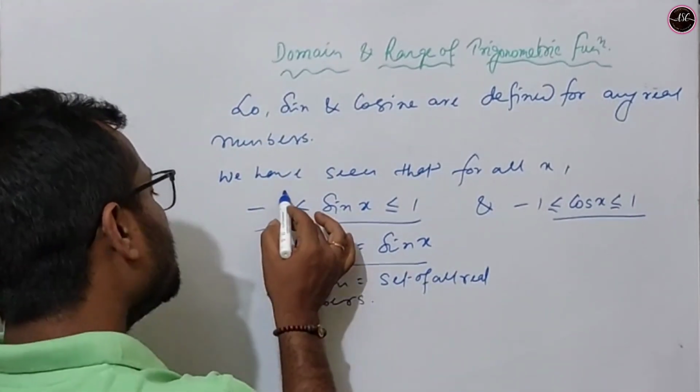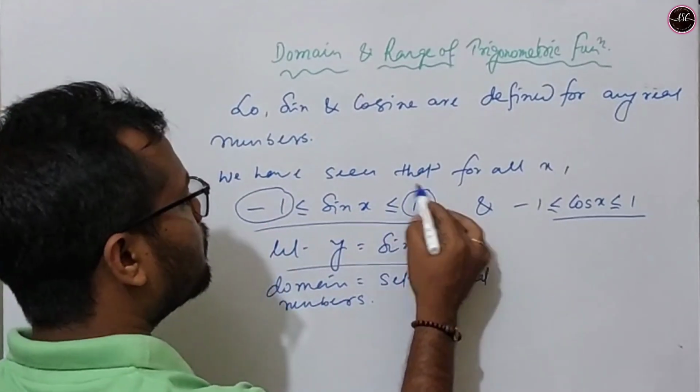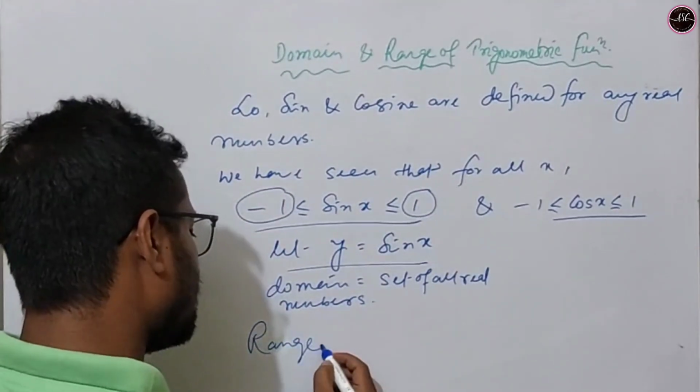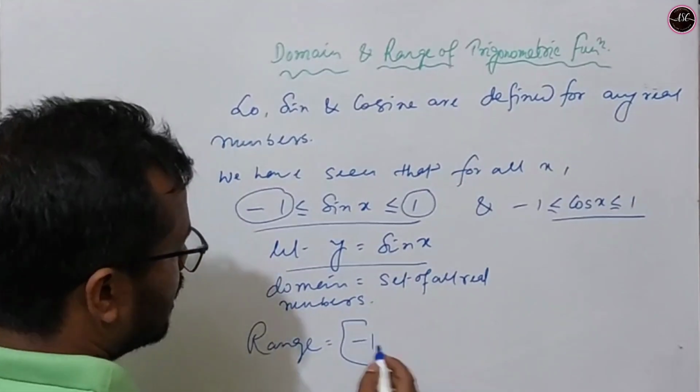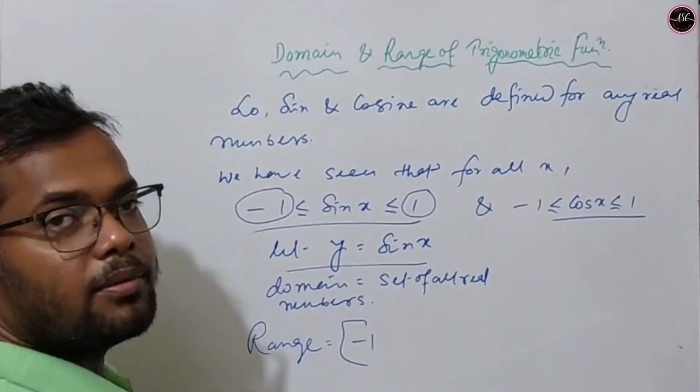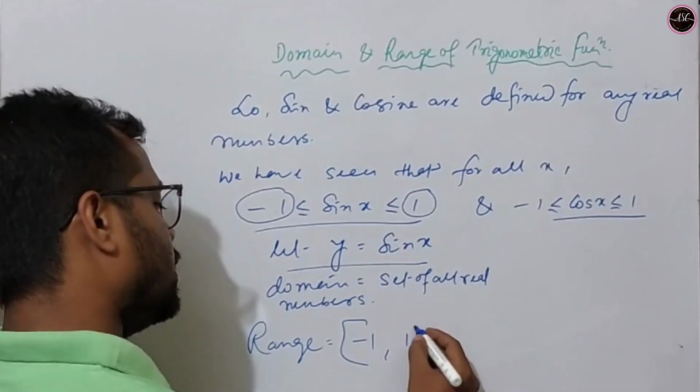And what will be the range? Just see, from minus 1 to plus 1. So the range, the value of y, will be within the bracket minus 1 comma 1.